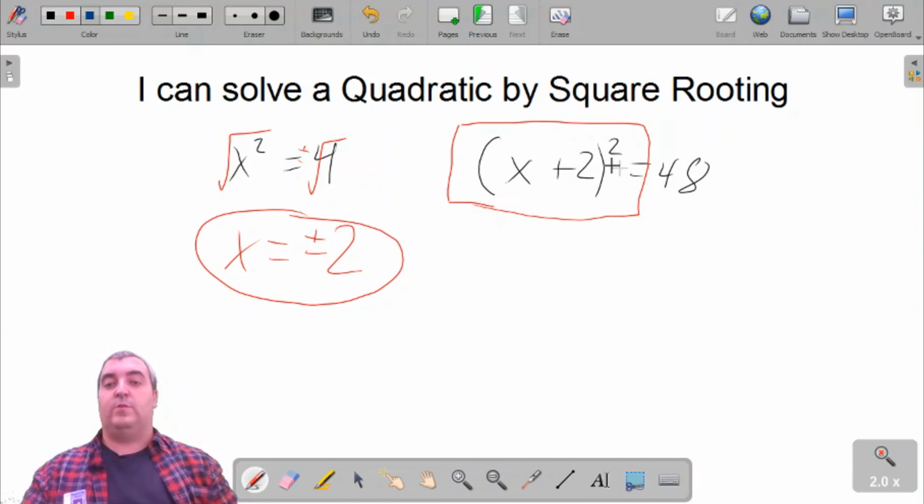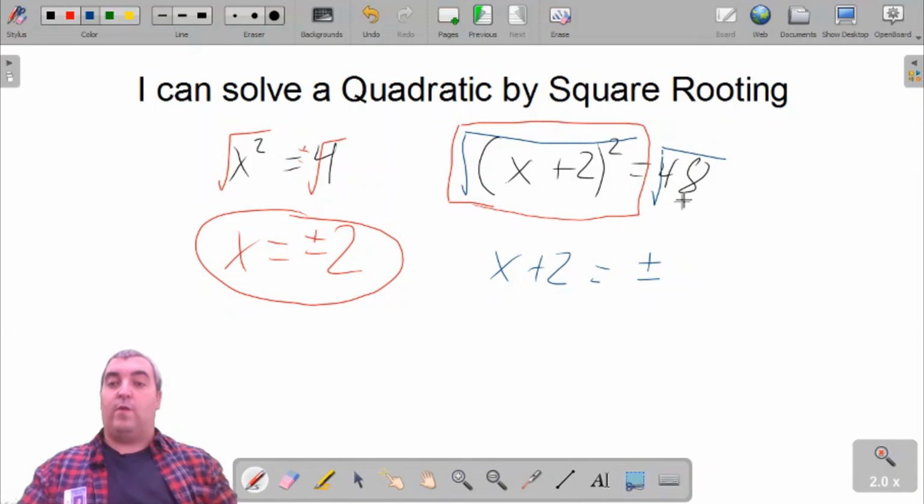If we needed to, we would isolate this first. So if the 48 was on this side, we would add the 48 to both sides to move it over here. And now you square root both sides, just like we did in the last problem. So we'd end up with x plus 2 equals plus or minus square root of 48.